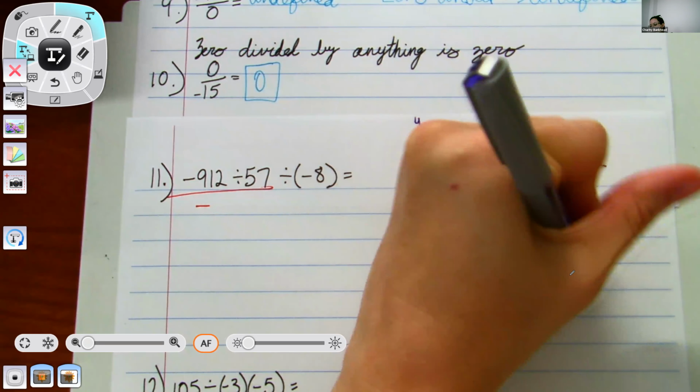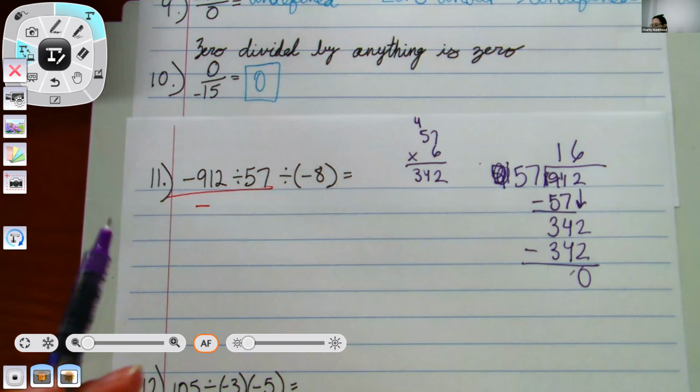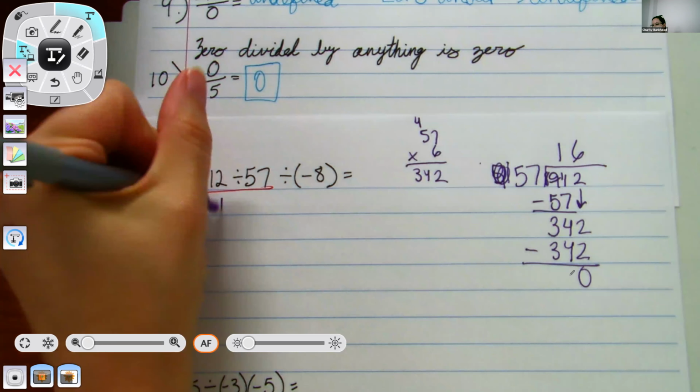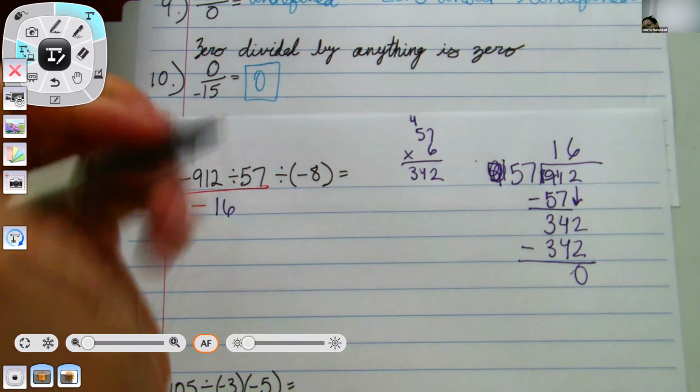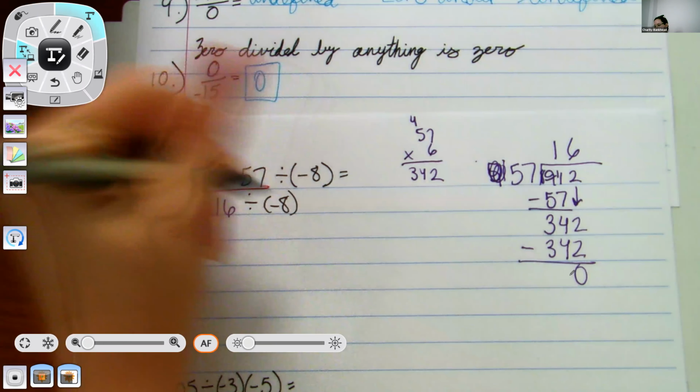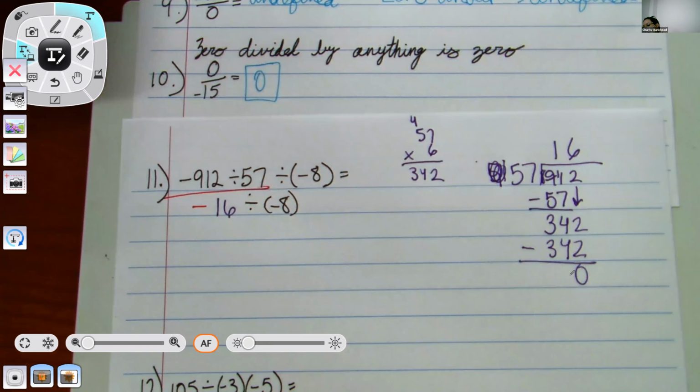All right, so negative 912 divided by 57 equals negative 16. All right, and bring down divided by negative 8. So negative 16 divided by negative 8 is positive 2.